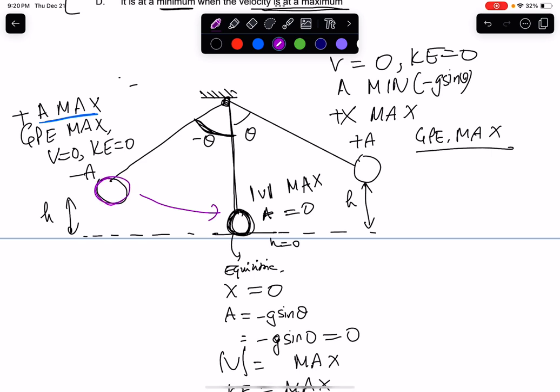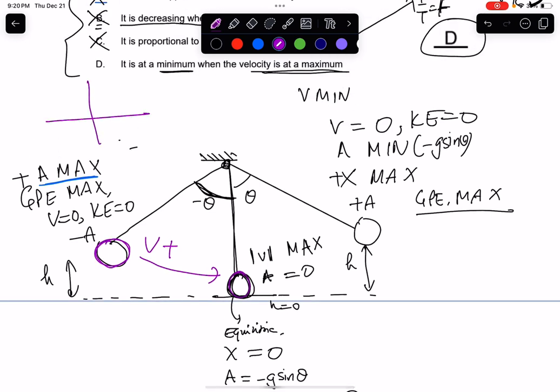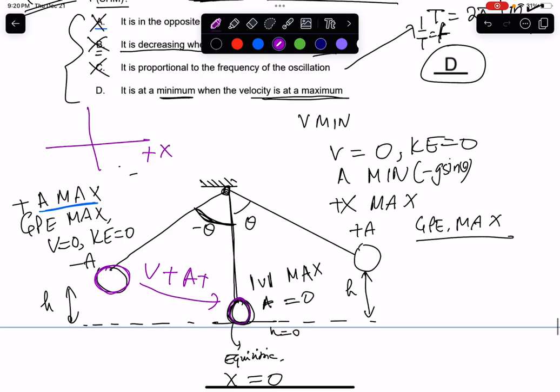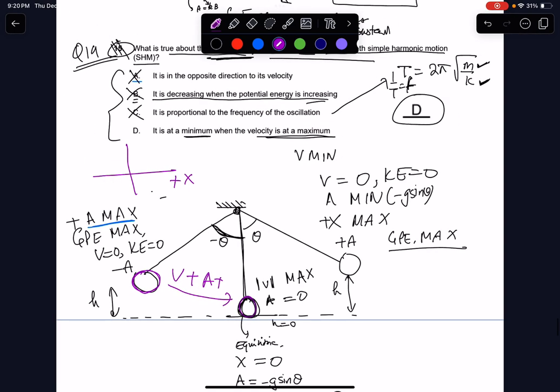When the pendulum bob is going from here to here, then the velocity is going to be positive because the pendulum is moving in the positive x direction. But at the same time, we know that the acceleration is also positive in this sector. So that's why A does not work as well. So you're left with this answer of D.